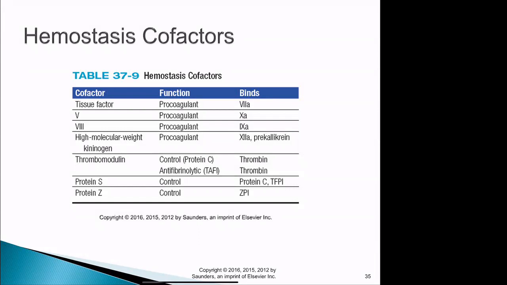High molecular weight kininogen is another procoagulant, and it binds activated factor 12 and prekallikrein. Thrombomodulin functions as a control protein to bind protein C, and it also functions as an antifibrinolytic protein, or TAFI, which we'll discuss in a little bit, and it binds thrombin.